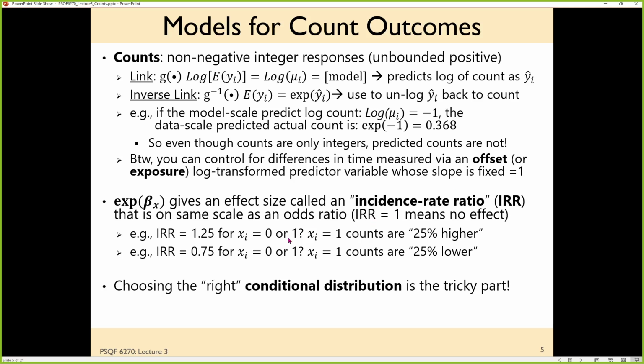So this would be like if this was a grouping variable, the presence or absence of something, and if this slope in logs was exponentiated to create this IRR of 1.25. Okay. So that's like its odds ratio, but it's not an odds. Yeah, but it's the same interpretation. The higher coded group has counts that are 25% higher. And if it were the other way around, then the higher coded group would have counts that are 25% lower.